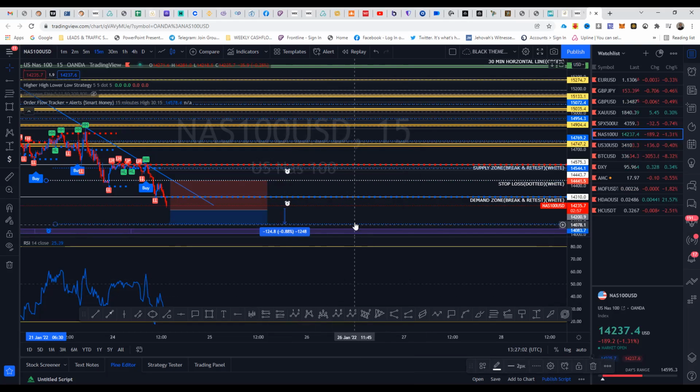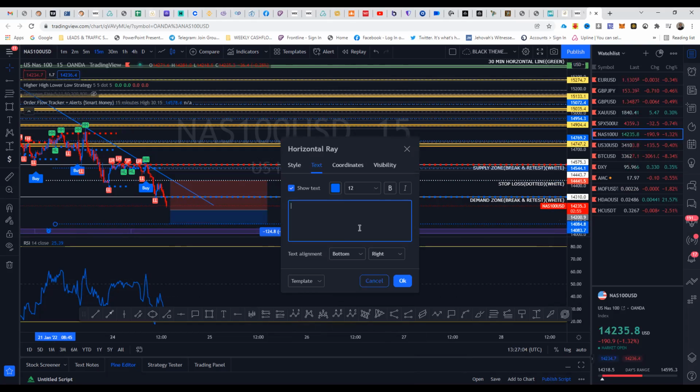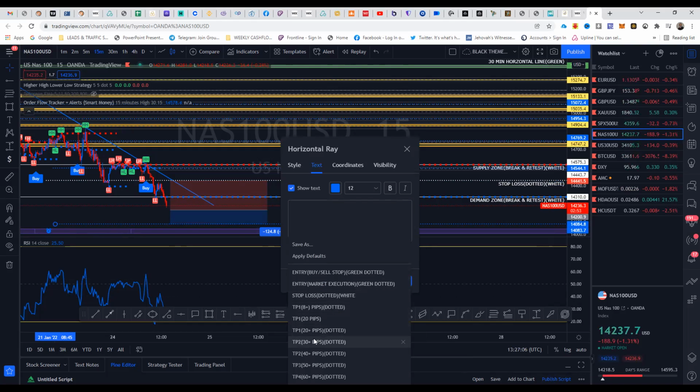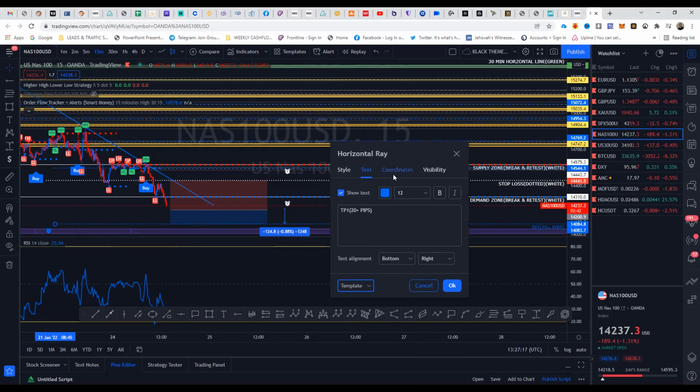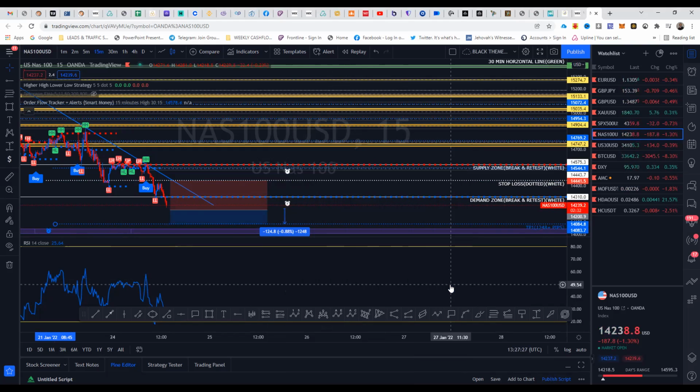This is going to be TP1, 20 plus pips. But I want to put 1248. All right. So that's what I'm going to do for that one.